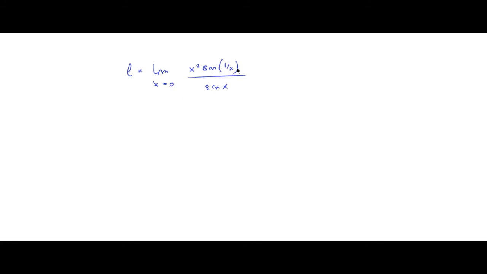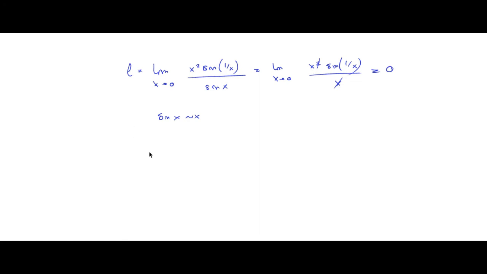Now we know that the sine of x, when x is very small, is approximately equal to x. So this is the limit when x goes to 0 of x squared times the sine of 1 over x divided by x. x squared and x cancel out, so then you have the limit when x goes to 0 of x times the sine of 1 over x, which we know is 0 because the sine is bounded and x goes to 0, right?